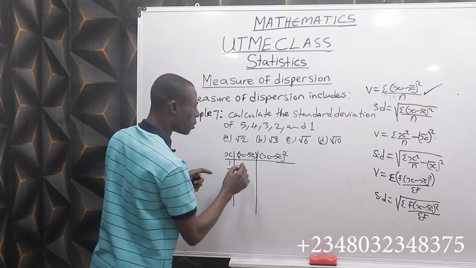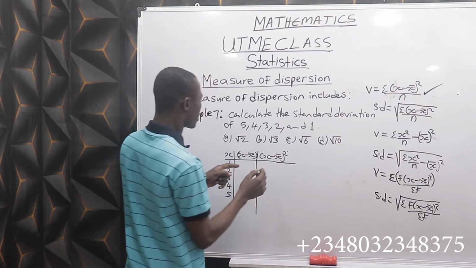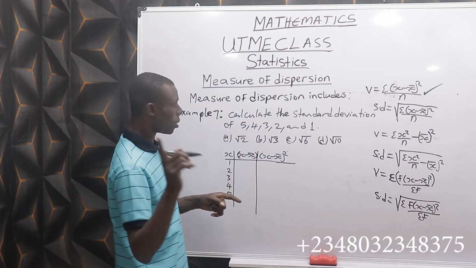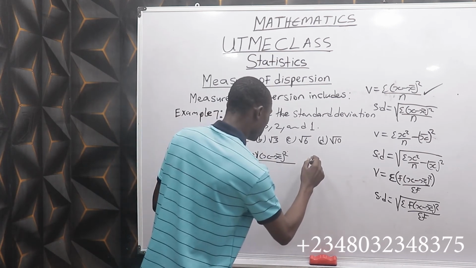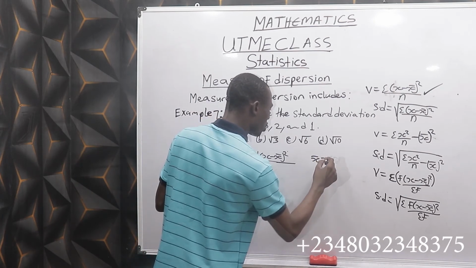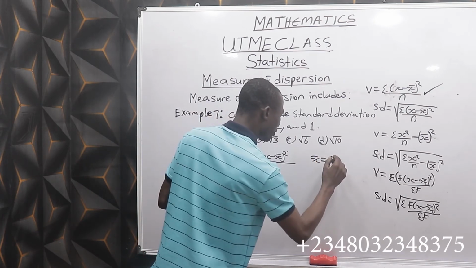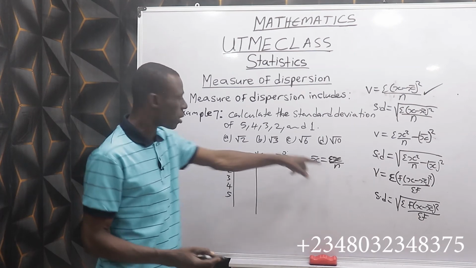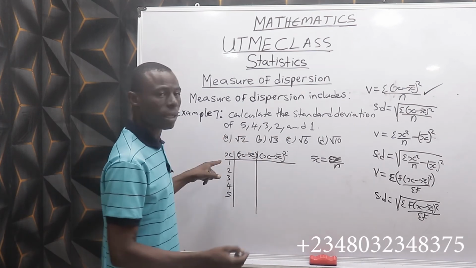So, what is our mean? The first thing to do, I almost forget, is the calculated mean. Calculated mean equals summation x over n in this case. Why not fx? Because we don't have frequency. It is non-tabulated data.